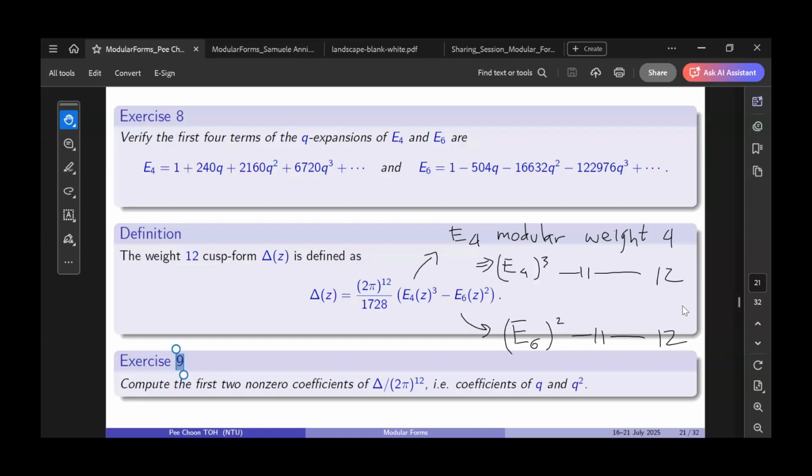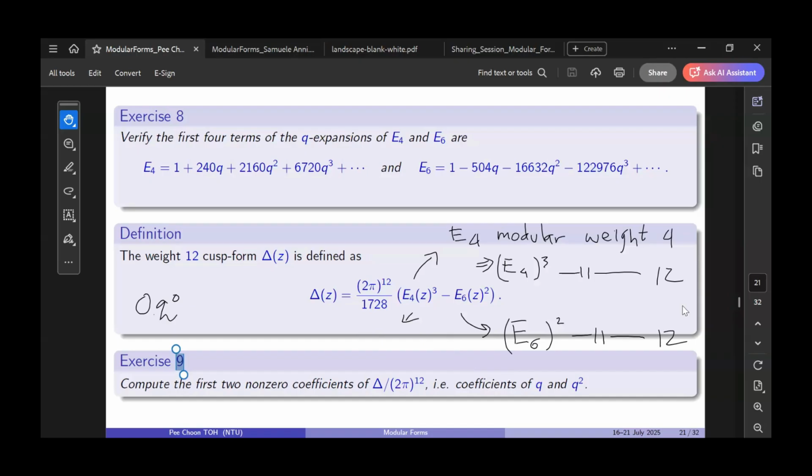And since these two are in the form of 1 plus something, when we subtract them, 1 minus 1 will disappear, which means that this form will have 0 as the coefficient of q to the power of 0.